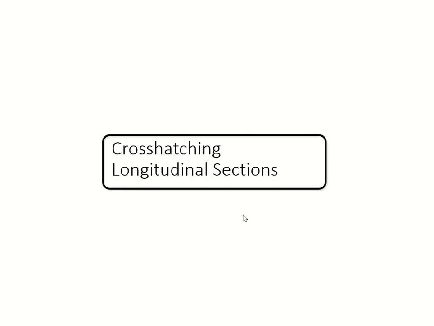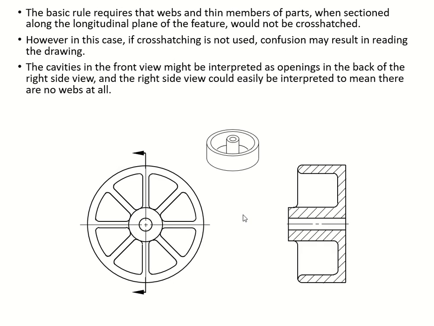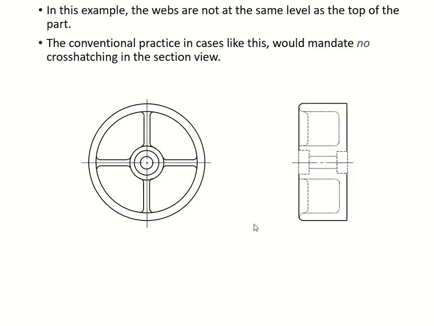The rule is to leave your rib and your web out of the cross-hatching. We will stick to exposed area cross-hatching. Don't do this and don't do that, all right?